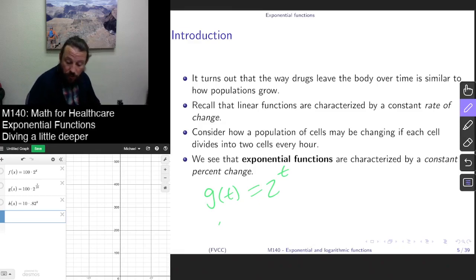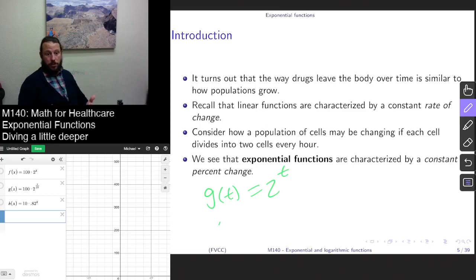Whereas when t changes from 3 to 4, the function grows from 8 to 16, so a difference of 8. So it's doubling, or increasing by 100% every hour. That's really what that's saying.